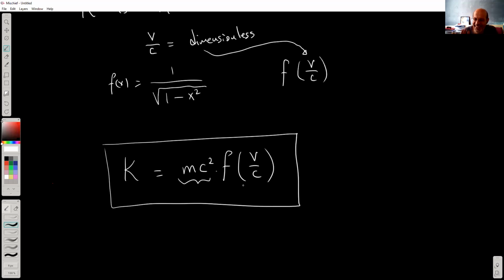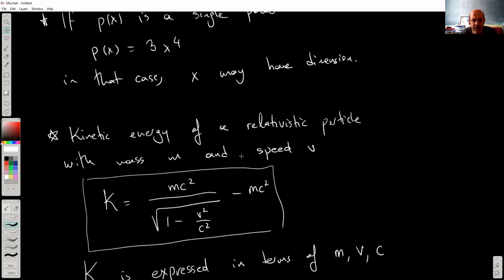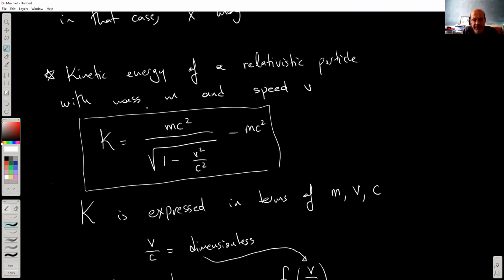Sorry about this. Thank you for warning me. How is V over C dimensionless? I didn't get it. V has the dimensions of velocity, and C has the dimension of velocity as well, right? Here, I think I specified it in here. Kinetic energy of a relativistic particle, with m the mass and v the speed, and of course c enters in here as the speed of light.